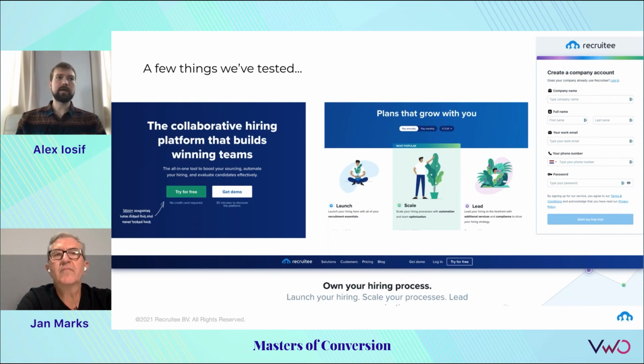So anyone can come up with an A/B test idea, anyone can come up with an experiment idea, and everyone is aware of our experimentation process. Also, even content marketers, even though not with VWO, they will try to experiment on their own assets, emails, and so on. So yeah, the experimentation process at Recruity is an open one.